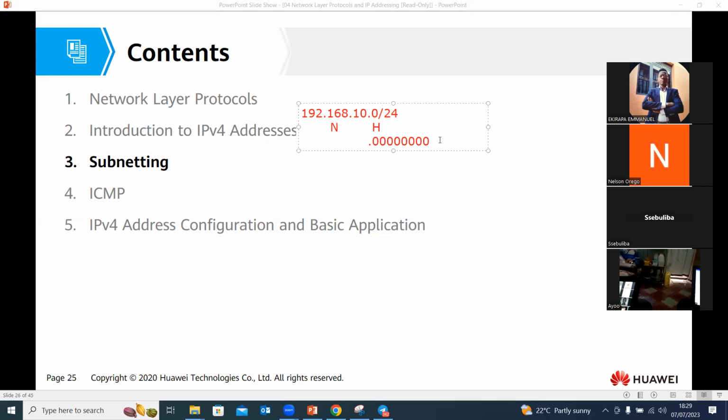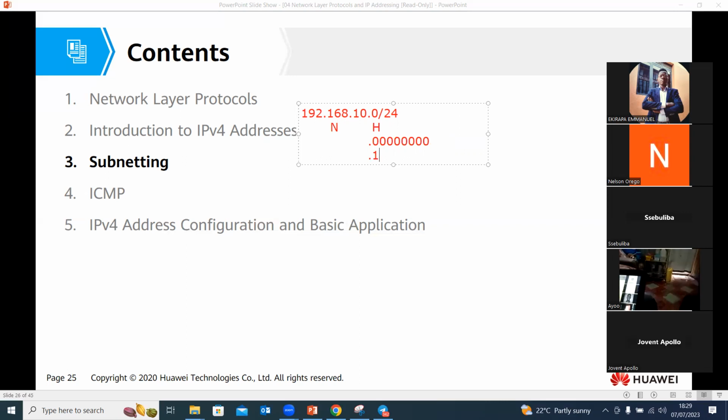If we want to get 2 networks, we shall use one of the bits in the host part and change it to 1, because we are borrowing a network bit. So we create here a 1 and the rest have to be zeros. Like that. Because how shall we calculate the number of subnets, the number of networks that we need?